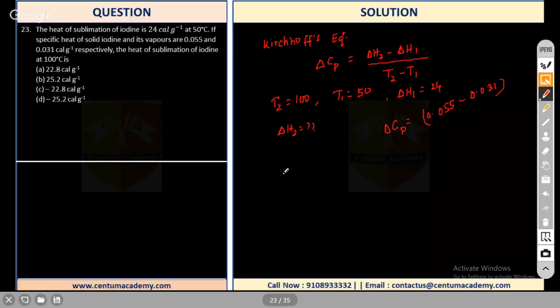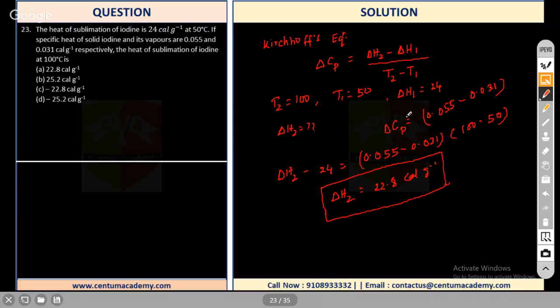So delta H2 minus 24 is equal to 0.055 minus 0.031 into 100 minus 50. When you solve this, you'll get delta H2 directly, and that will be around 22.8 calorie per gram.